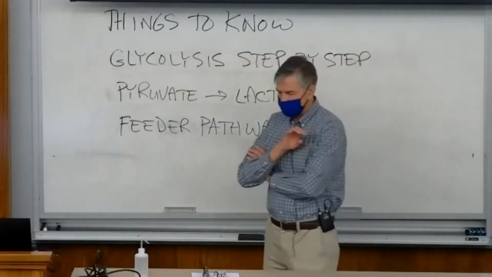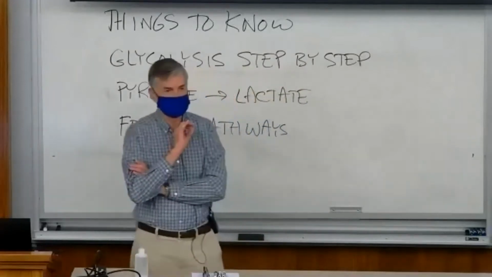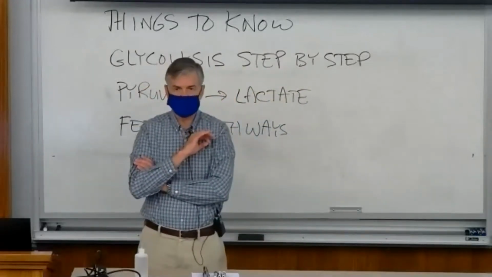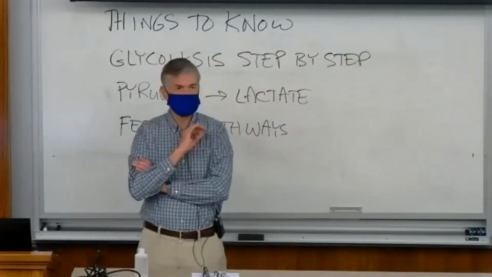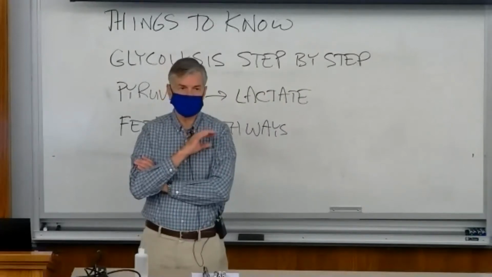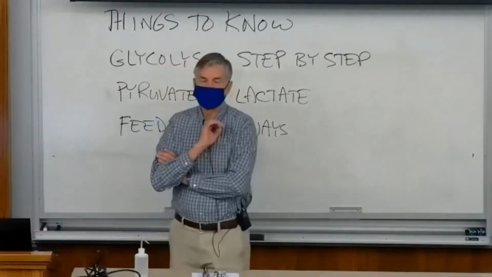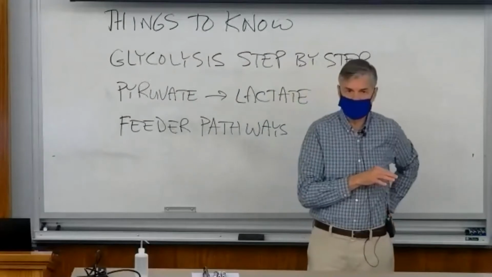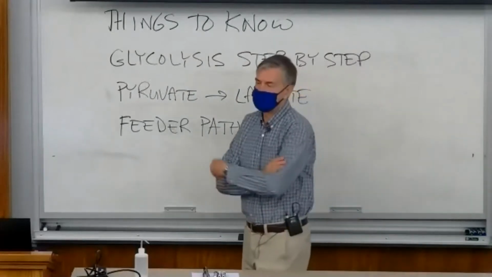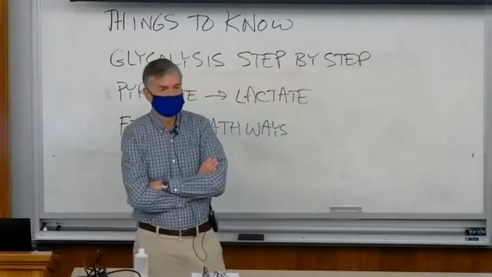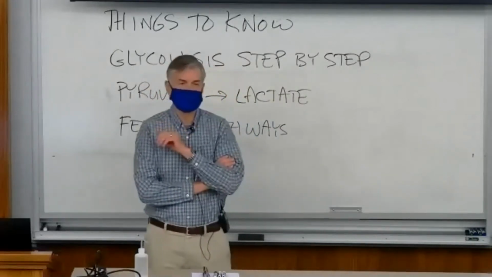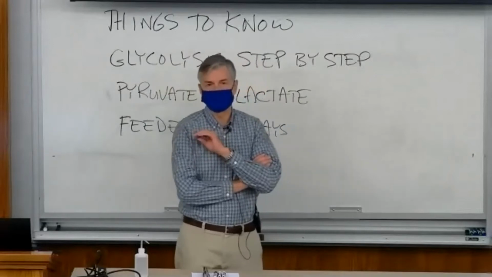I was asked if one should keep track of or know the electron pushing mechanisms for these 10 steps, and the answer is yes. 4 of them have a very similar mechanism. The kinases, steps 1, 3, 7, and 10, all carry out their reaction in a very similar fashion.